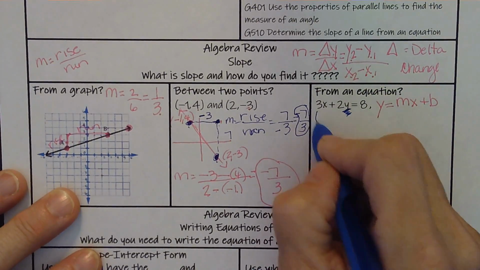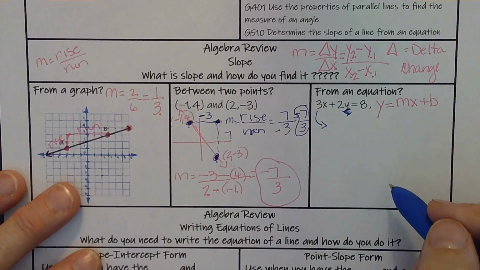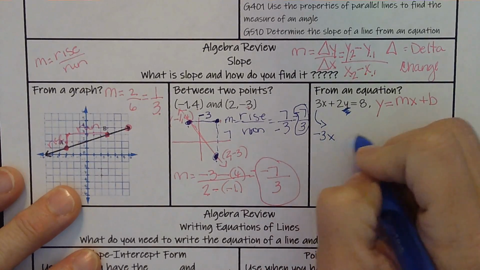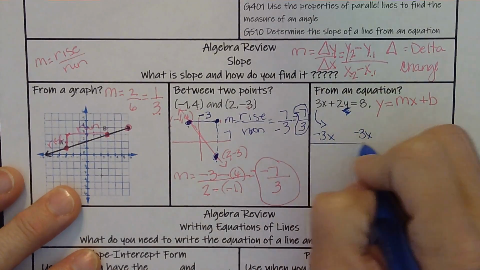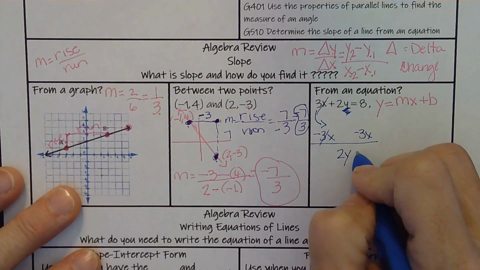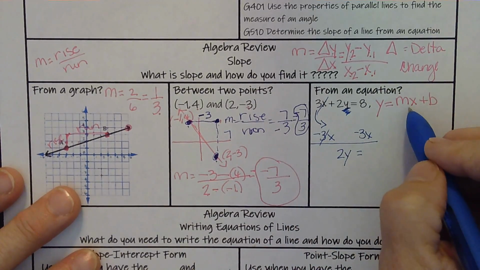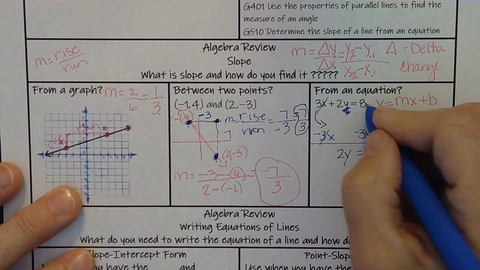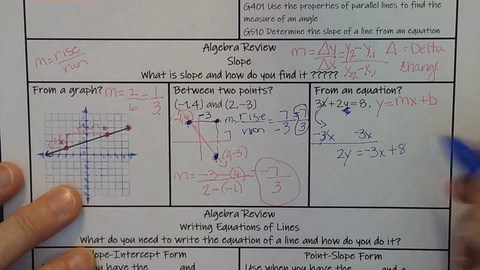So I need to take the 3x to the other side. How do I do that? I will subtract 3x from both sides of the equation. They cancel here, and I have 2y equals, putting it in the mx plus b form, I'll put -3x first, and then I'll have my plus 8.